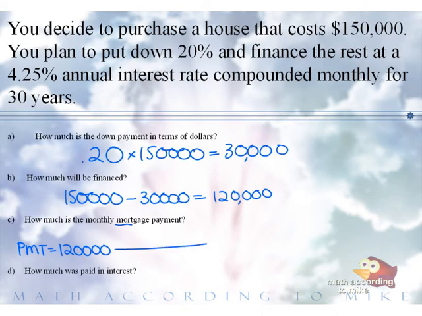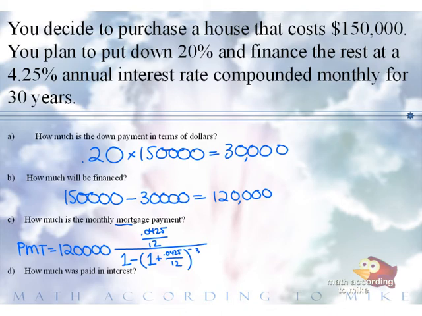times, what's the setup? What's our I? Good. Raised to the negative. We're doing this 12 times a year for 30 years.